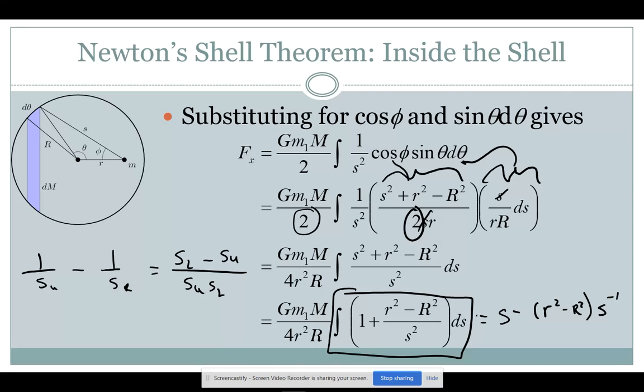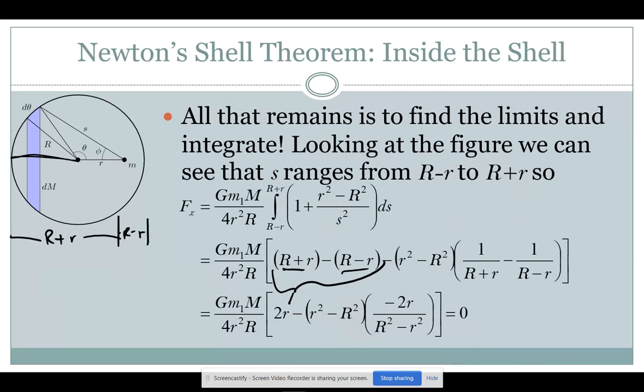Right, that's what we're going to have when we put in the limits. And then S upper times S lower is capital R plus r times capital R minus r. The cross terms add up to 0, and so that's just capital R squared minus lowercase r squared. So that's where this capital R squared minus lowercase r squared came from, the common denominator.